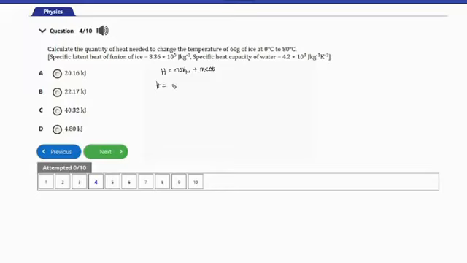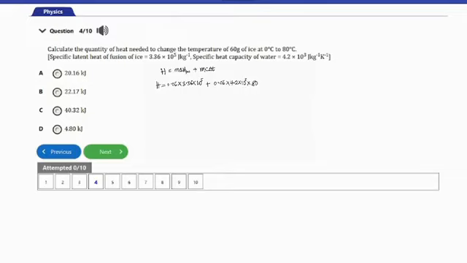The mass here is actually 60 grams, which is 0.06 kg. So that will be 0.06 times 3.36 times 10 to the power of 5, then plus 0.06 times 4.2 times 10 to the power of 3, then times the change in temperature here, which will be 80 minus 0, which is 80.